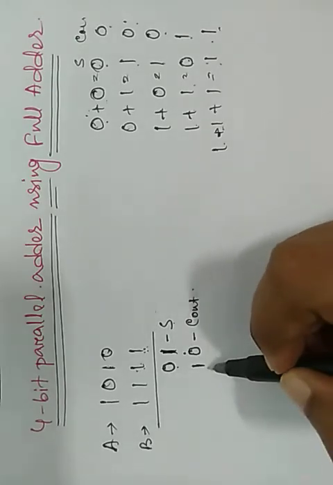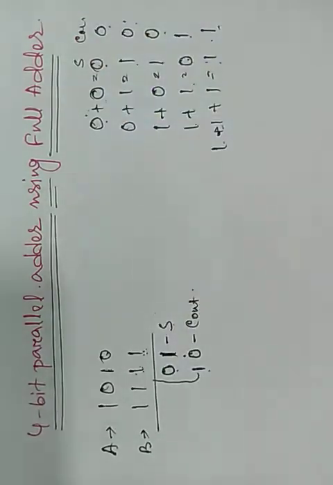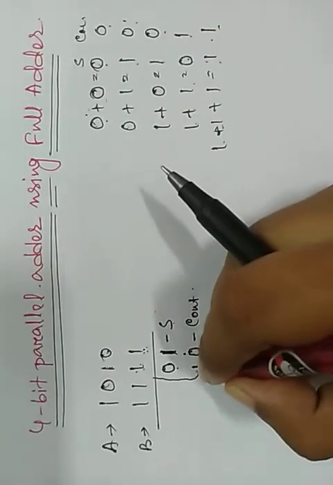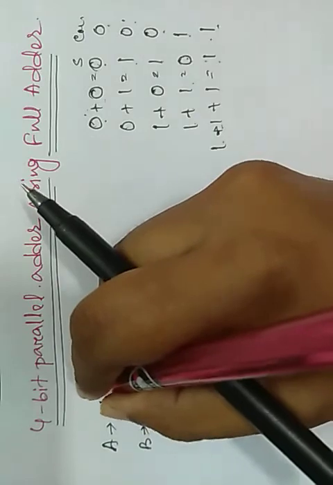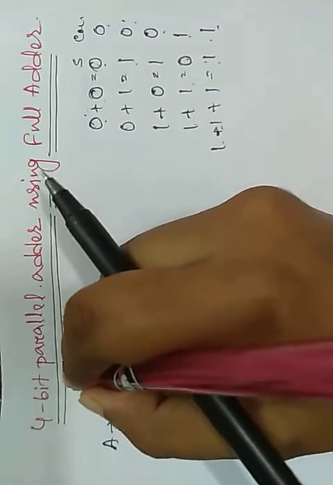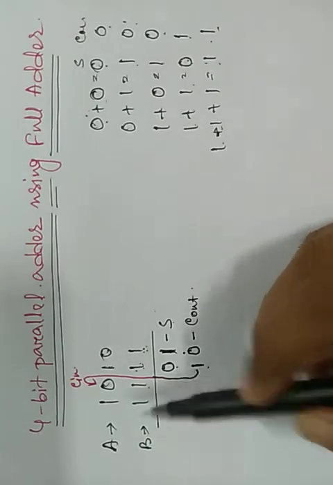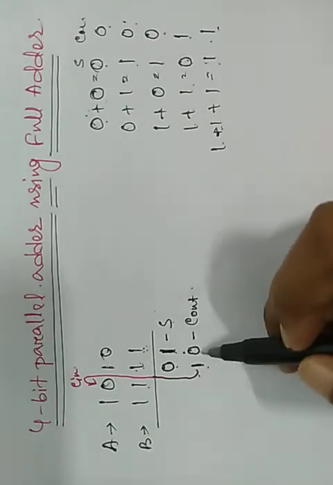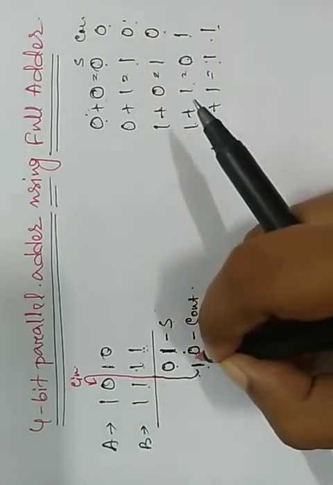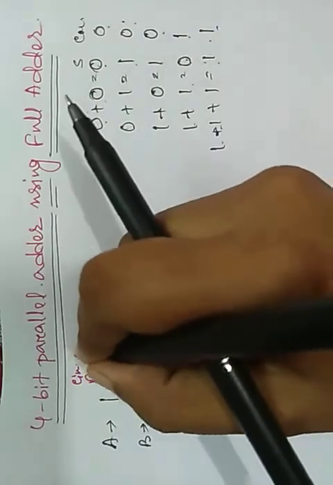If we get 1 in the carry out, obviously this carry out goes as the carry in to the next addition. If carry out is 0, then that also goes there as a carry in.